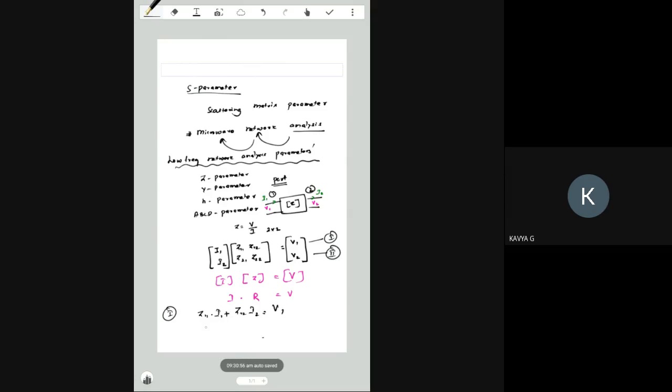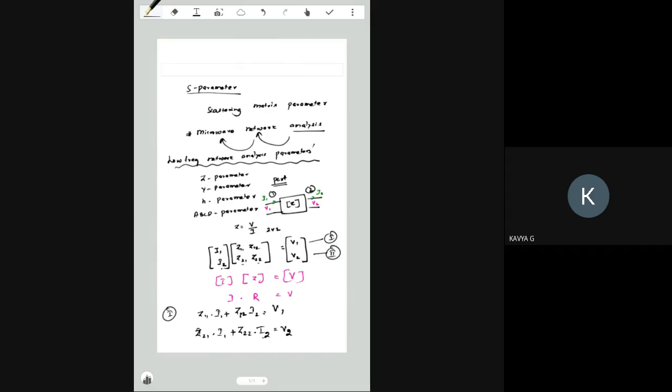The second equation is Z21 into I1 plus Z22 into I2, which is nothing but V2.